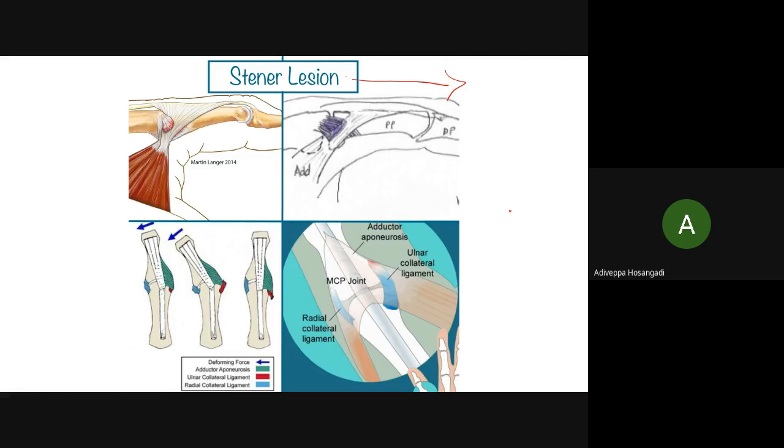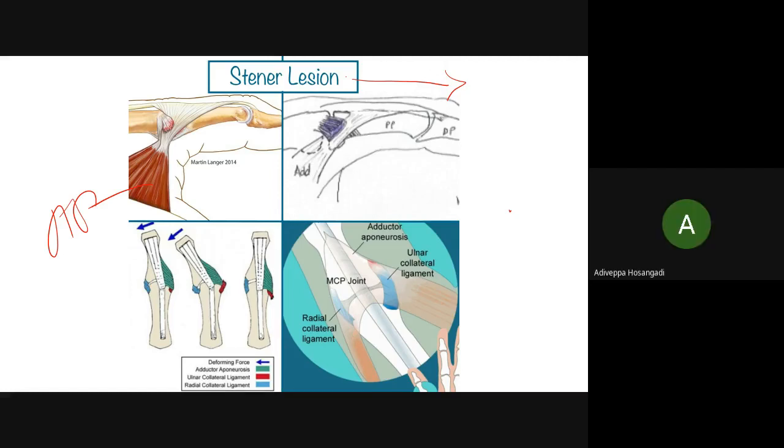It might appear in one of the MCQs in upcoming exams. So this is the adductor pollicis, at the base of the thumb. In the first thumb web on the ulnar side, you have adductor pollicis.